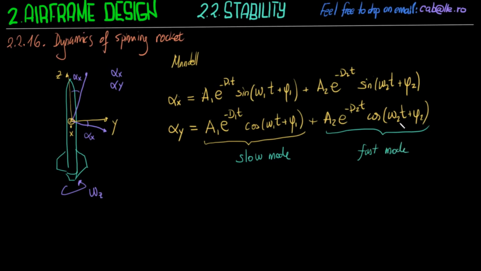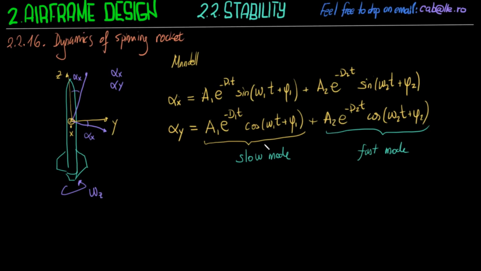This means that this damped sinusoid is going to dampen out pretty quickly compared to this one, probably quicker than a damped sinusoid we would have in a non-spinning rocket, and also the amplitude is going to be lower.